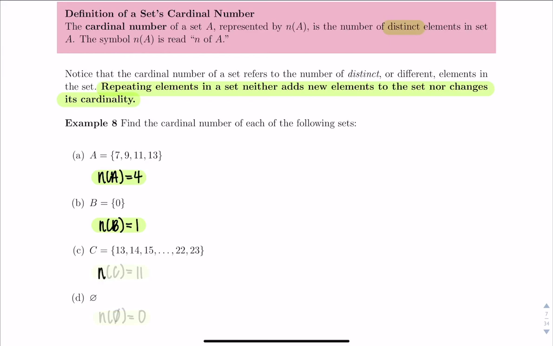For set C, we have 13 through 23. So the cardinal number of it is 11 because we have 11 elements from 13 to 23. And the last one is the null set. Well, by definition, the null set means it has no elements in it, so its cardinal number is 0.